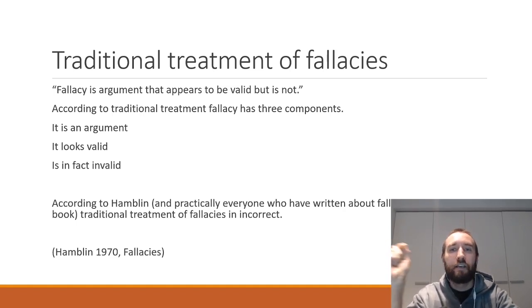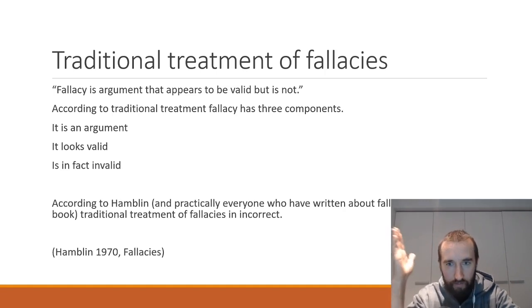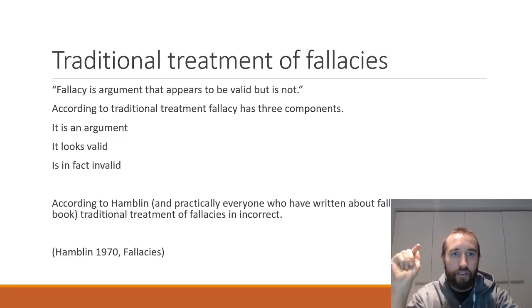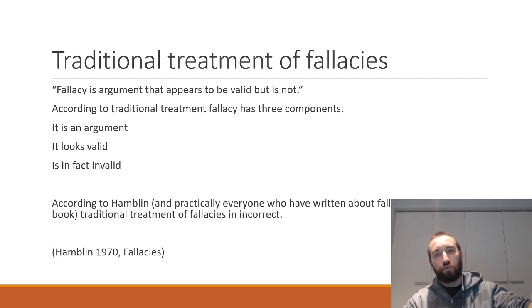I haven't read the latest textbooks on fallacies, but I know that textbooks that were published somewhere around 5 years ago still have this way of defining fallacies. The thing about this is that it has three elements.